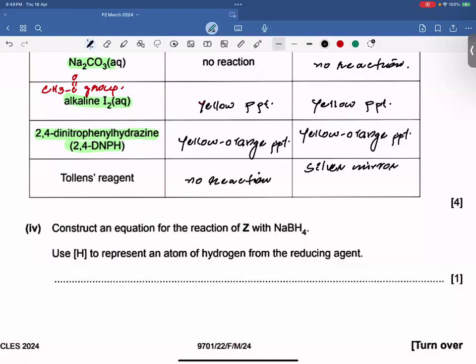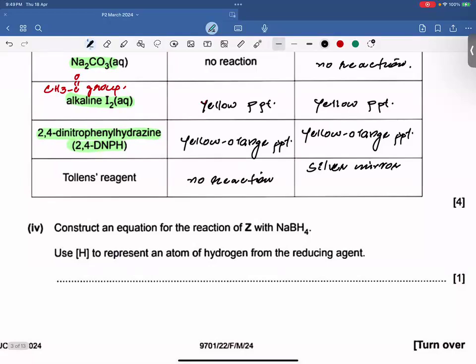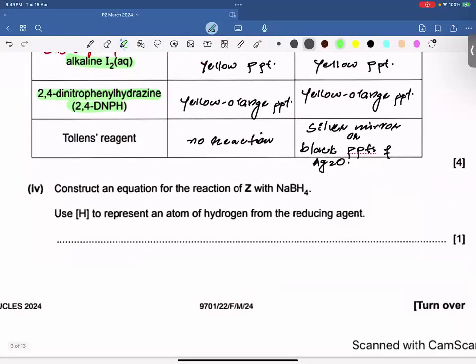And if you leave the silver mirror for a short period of time, it will oxidize in the presence of air and give you black precipitates of silver(I) oxide, which has the formula Ag2O. Anyhow, let's move on to the next.